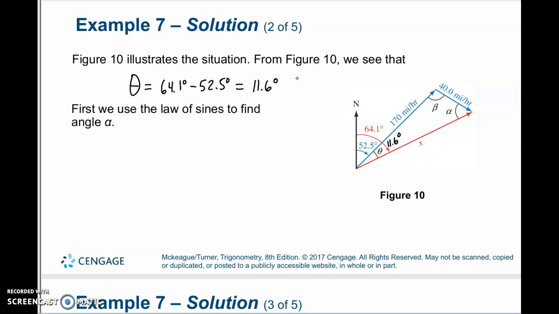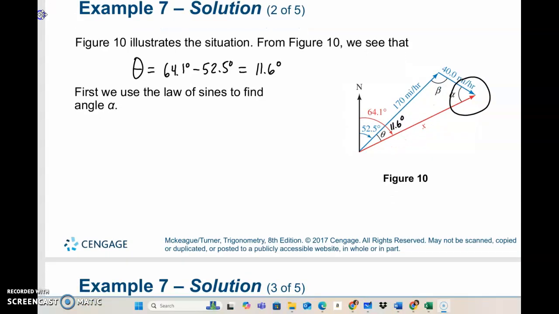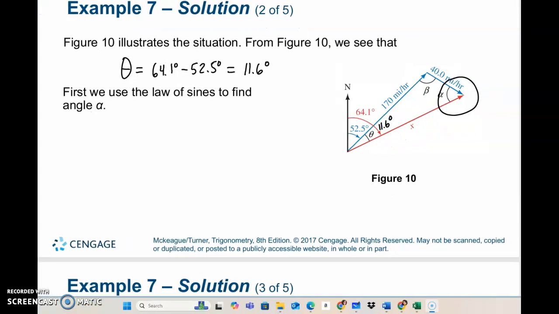First, use the law of sines to find the angle alpha. So here's alpha. This angle right here is what we're looking for. And so the law of sines says this. The sine of the angle divided by the side across from it, or 170, will be equal to the sine of 11.6 degrees, which we just found, divided by the side across from that.